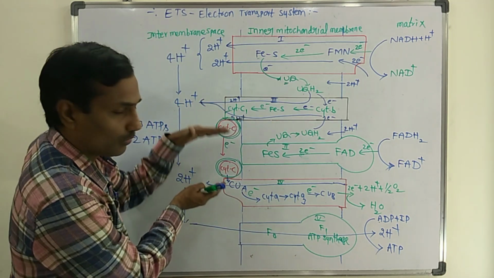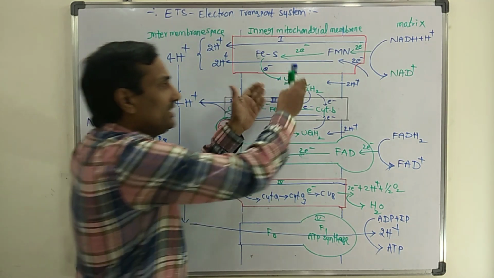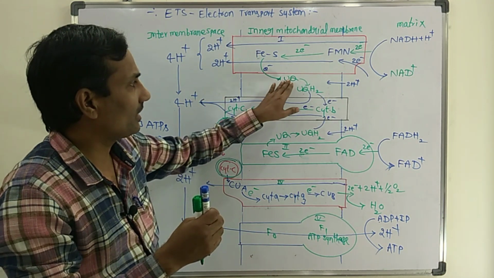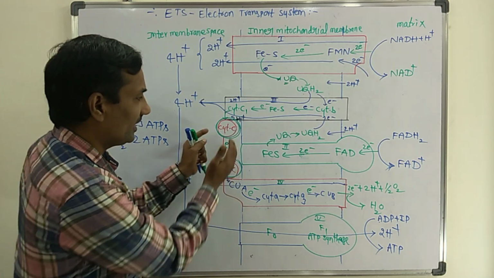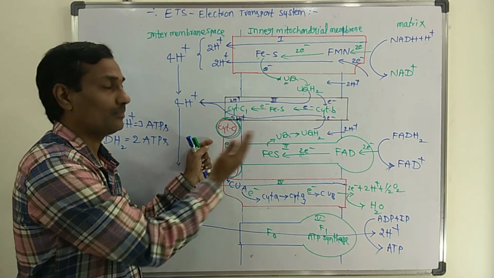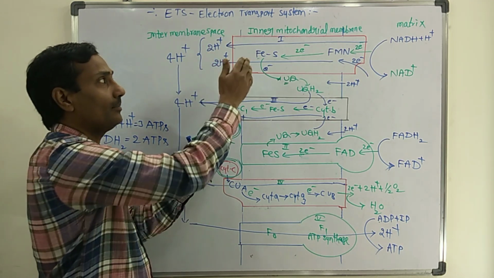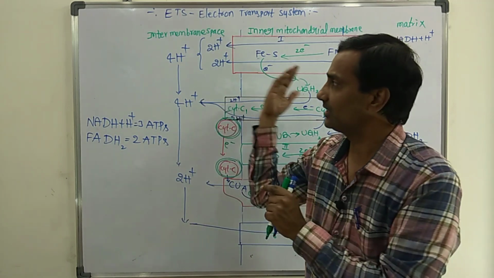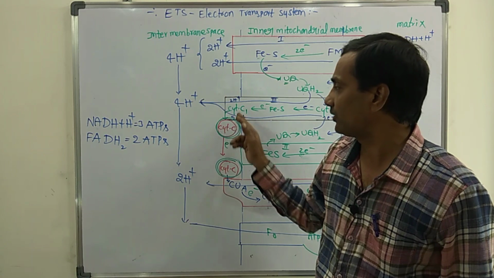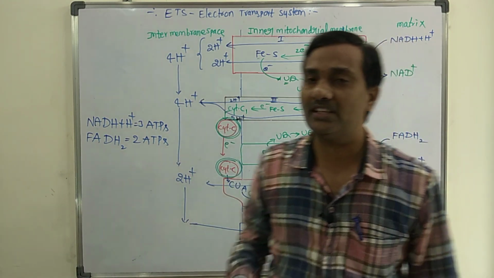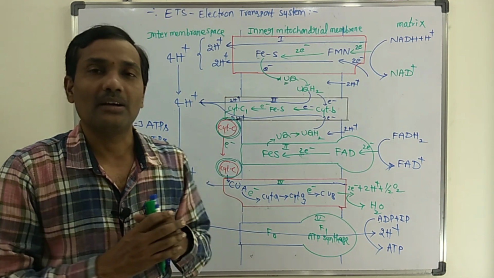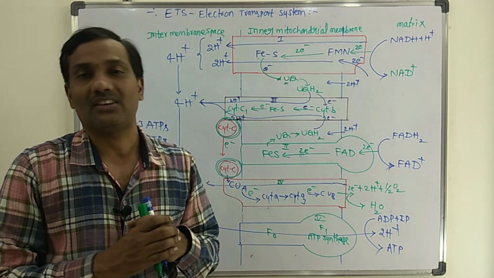One is embedded in the inner mitochondrial membrane, that is ubiquinone, whereas cytochrome C is a peripheral mobile electron carrier present above the inner mitochondrial membrane towards the intermembrane space, which helps transport electrons from cytochrome C1 to copper center A. This is the total information related to ETS, the electron transport system.